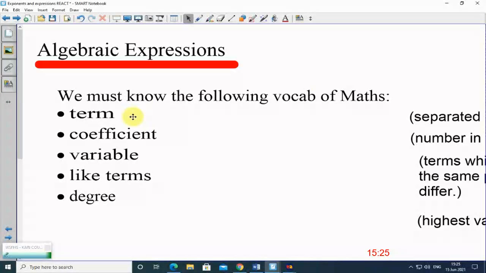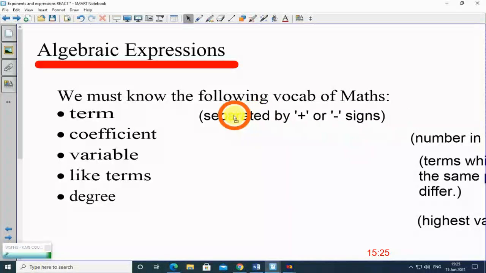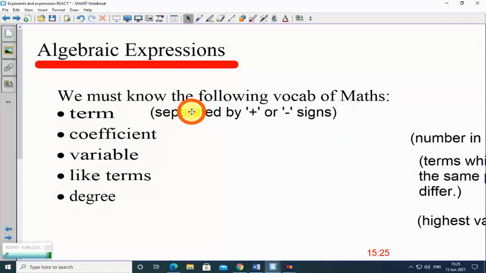We need to know the term. What is a term? We discussed it just now. We say terms are separated by plus or minus signs. Right, that's a term. What is a coefficient?